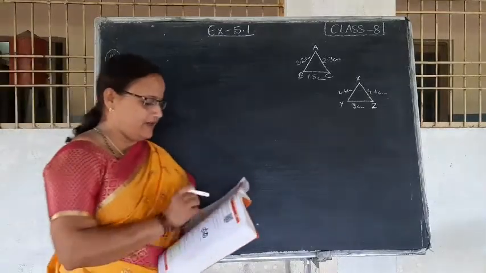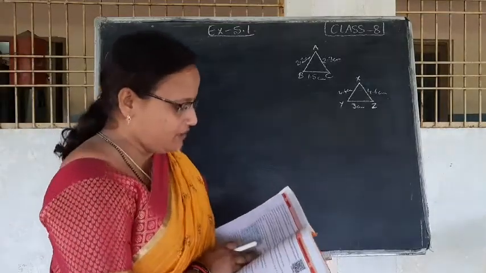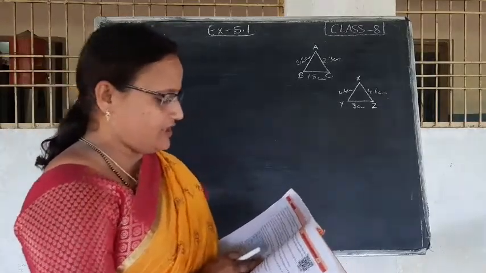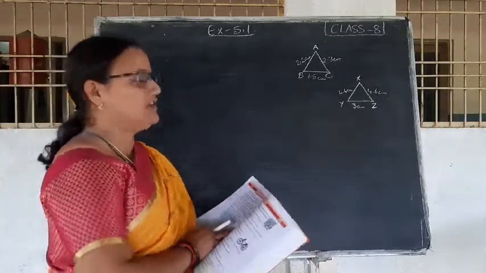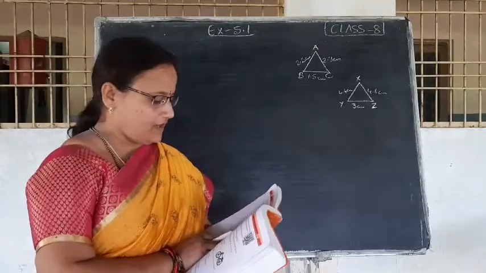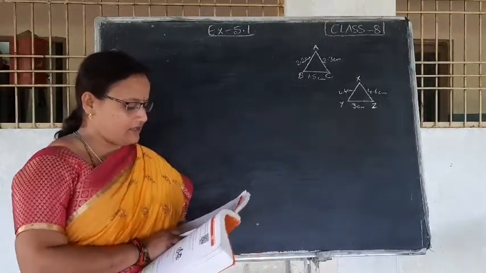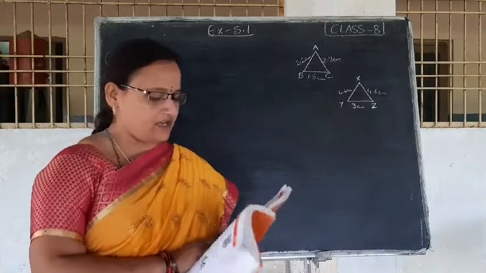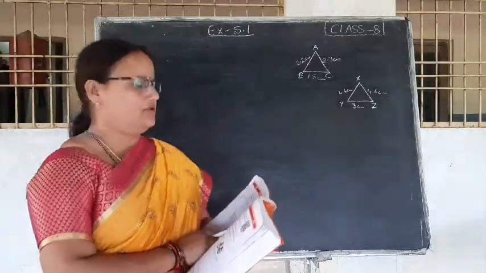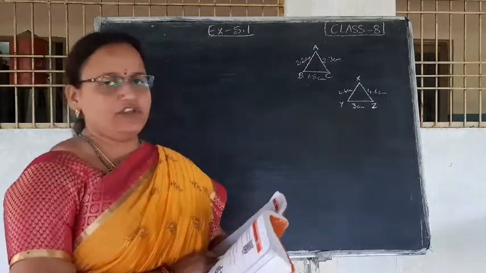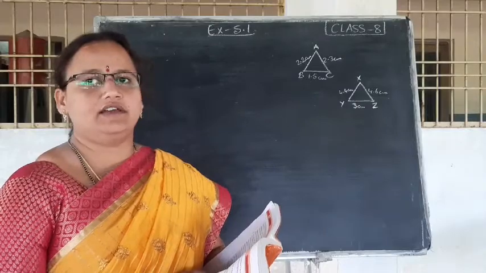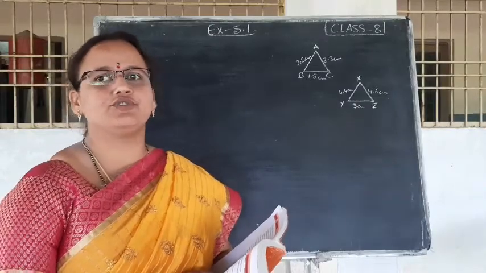Then you have to find the ratio of AB is to XY, BC is to YZ and AC is to XZ. So you have to find out the ratios of their sides, and check whether the lengths of corresponding sides of triangle ABC and triangle XYZ are in proportion. So proportion means, if two triangles are in proportion, then their corresponding sides ratio should be equal.